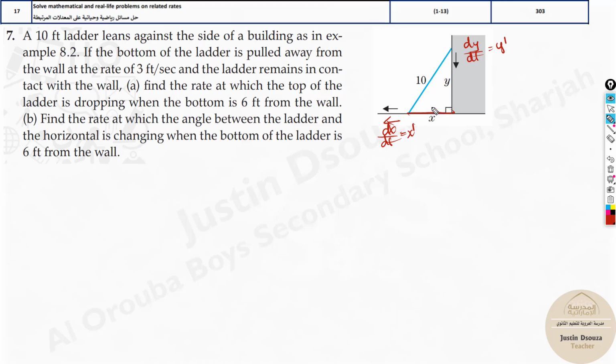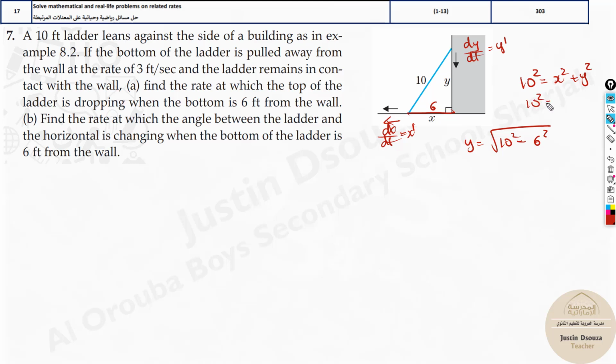Now what is this? X is given as 6. Now from here you can find y from Pythagoras theorem. Let's first find that. Y is equal to the square root of the hypotenuse square minus 6 square. If you're wondering why, we know the hypotenuse is opposite to the 90 degree angle. 10 squared would be the sum of the squares of these two, x squared plus y squared.